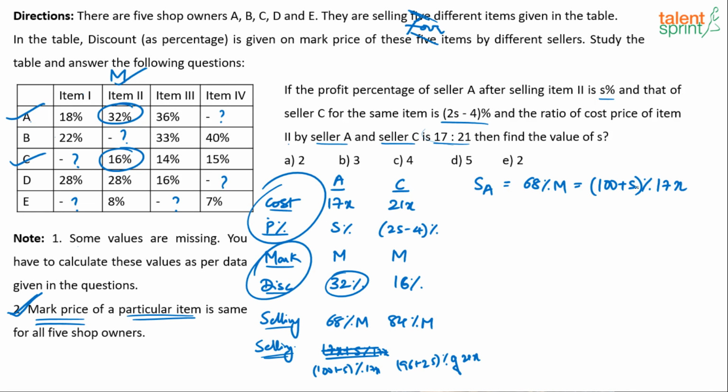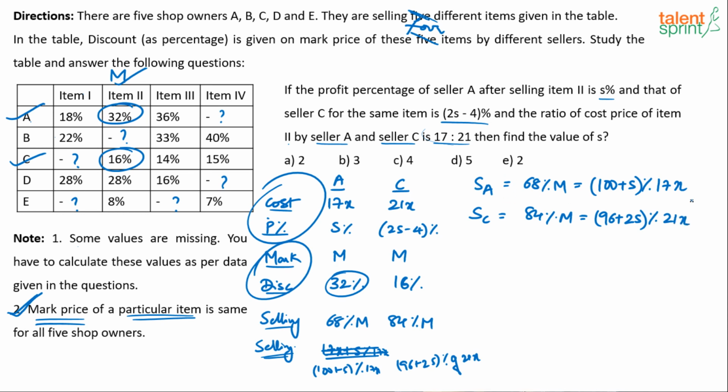Profit is S percentage, so selling price will be 100 plus S percentage of the cost price. And selling price for seller C is 84% of M, which would be equal to 96 plus 2S. Why is it 96 plus 2S? Because selling price will be 100 plus profit percentage, so 100 plus 2S minus 4, which makes it 96 plus 2S percentage of cost price, which is 21x.